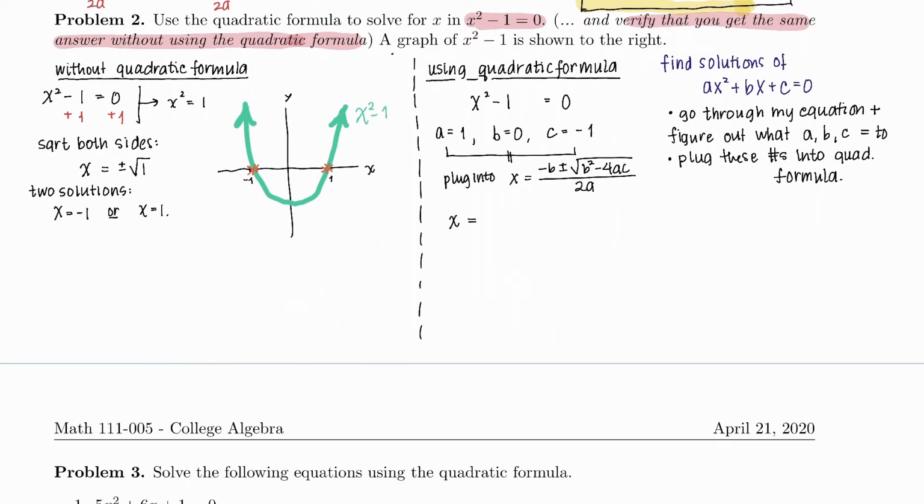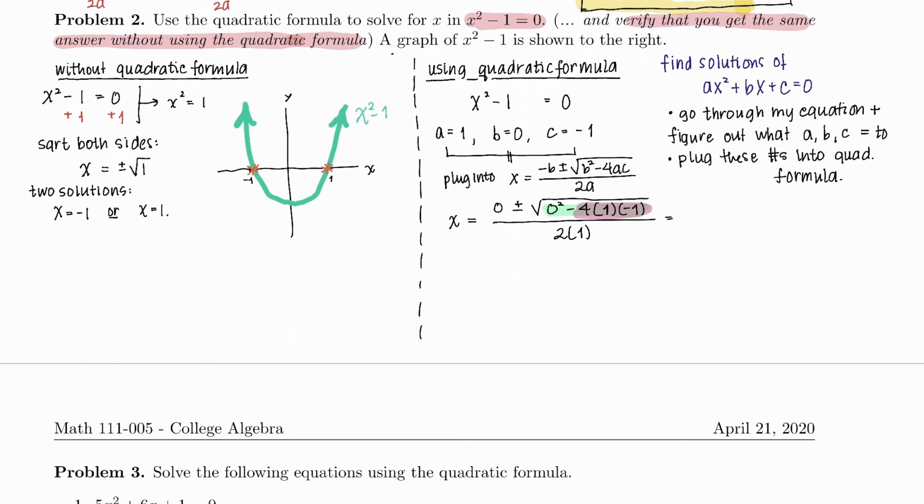We'll have x is equal to -b, which is -0, plus or minus the square root of b squared, so 0 squared, minus 4 times 1 times -1, all over 2 times 1. Just a warning ahead of time, be very careful about what's under the square root here, and in particular, what comes after this minus sign.